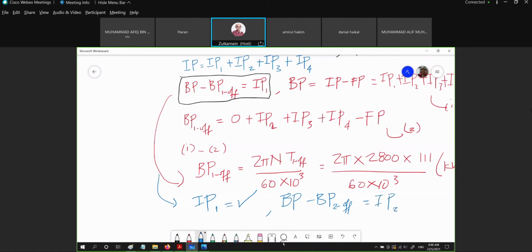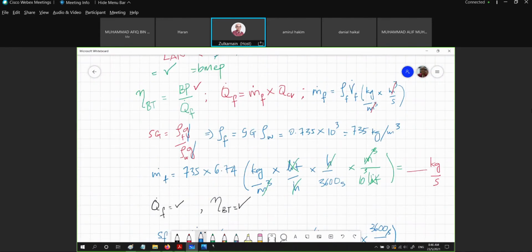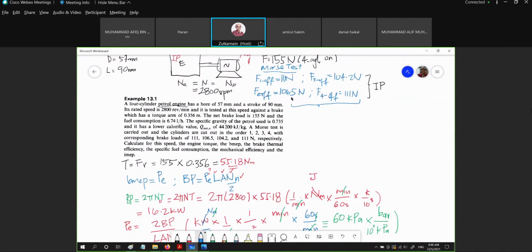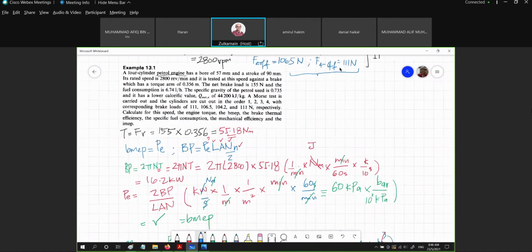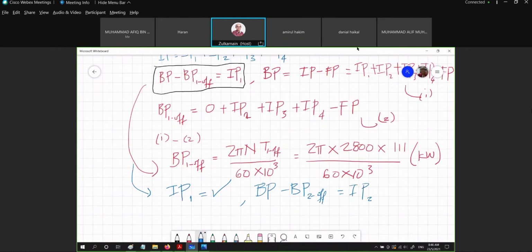Buat cara yang sama lah tapi sekarang ni BP2 kita bukan 111 lah, tetapi BP kita, number 2 kita apa? Ni dia. 2 off, 106.5. Lepas tu kita gunakan 104.2. Lastly kita gunakan nilai sama lah ya. Kita akan dapat nilai yang sama. So kita repeat all over again. Ya.